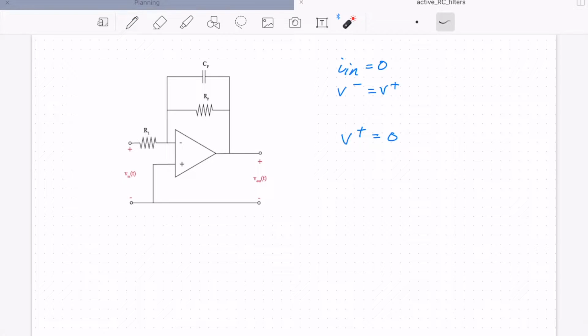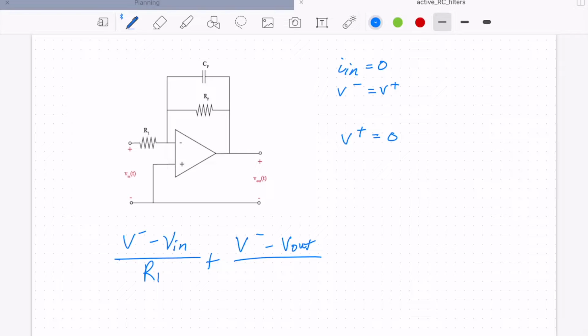At the other input node, we need to write an equation as well. This one's going to be more complicated, so let's just write it. The current leaving here will be V minus Vn over R1. We have the current going here, which will be V minus V out over the impedance of that capacitor, which is 1 over SCF.